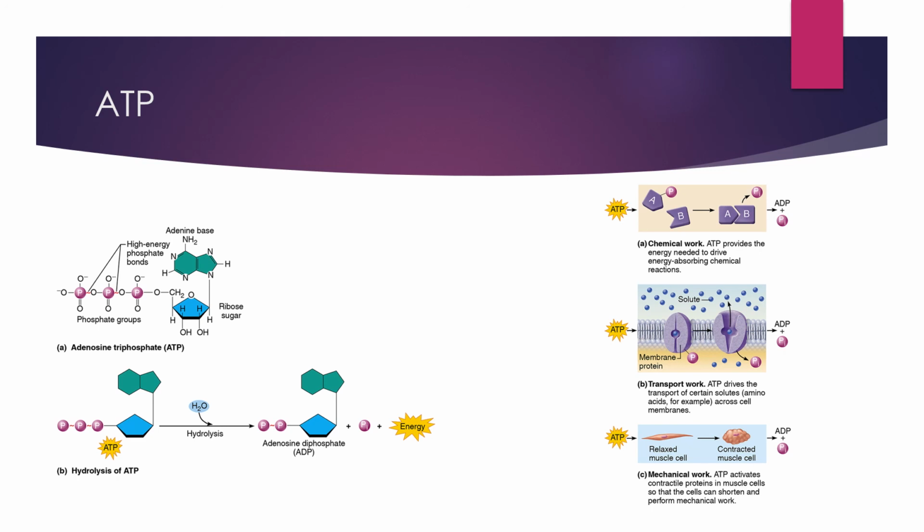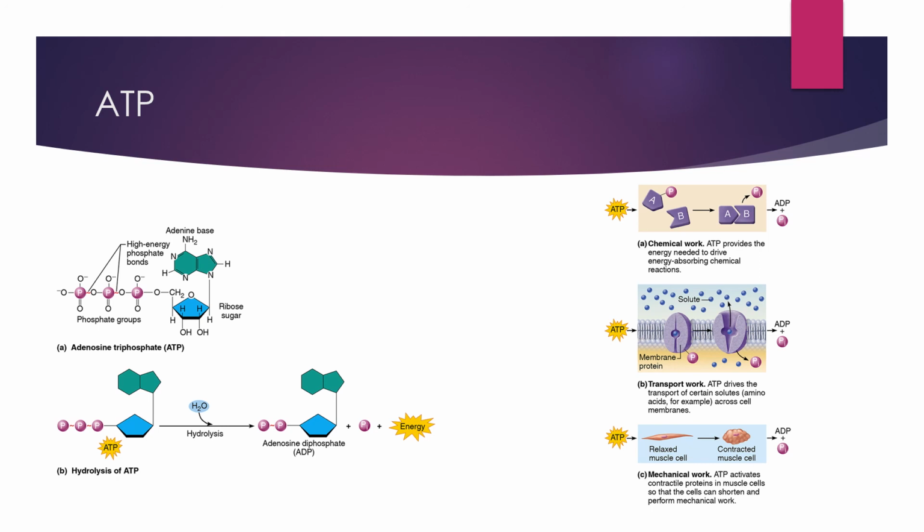In the image on the right, there are 3 examples of how ATP drives cellular work. The high energy bonds of ATP release energy for use by the cell when they are broken. ATP is regenerated. Phosphate is again bound to ADP, making it ATP, as energy is released by the oxidation of food fuels and captured in a 3rd high energy bond.